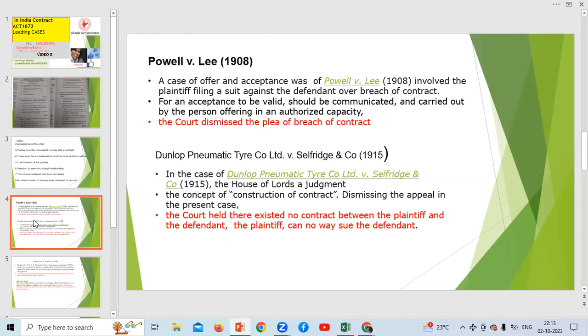The appeal was dismissed. The court held there existed no contract between the plaintiff and defendant. The plaintiff can in no way sue the defendant. If there is no contract, the plaintiff cannot sue the defendant. This is the concept of construction of contract. Let us go to the next slide.